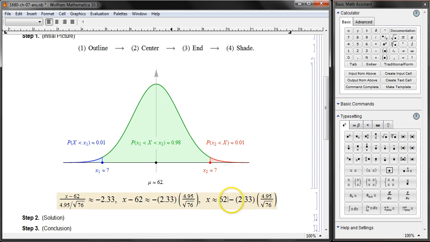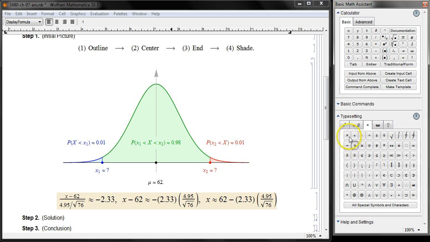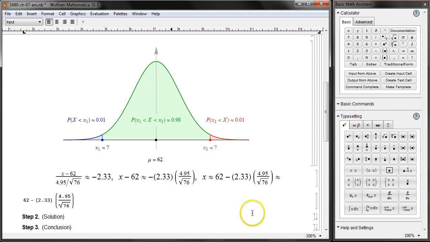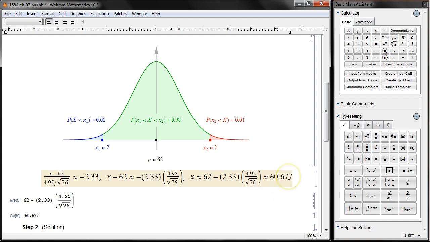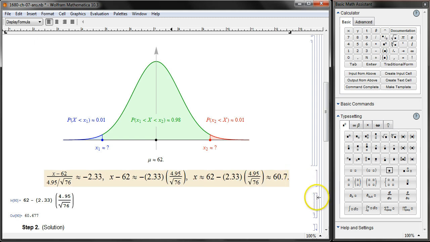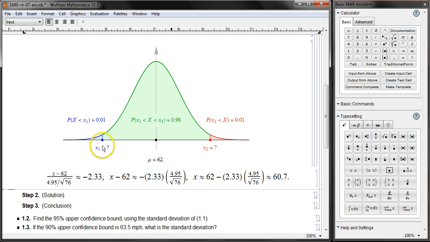That's it, isn't it? We just flip this subtraction by 62 to the other side. So we have positive 62. And all we have to do now is to calculate this quantity over here. And it's about 60.67. I'll estimate it as 60.7 as my left-hand side endpoint.